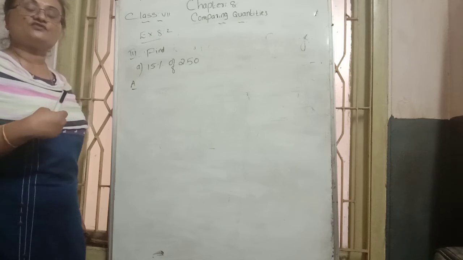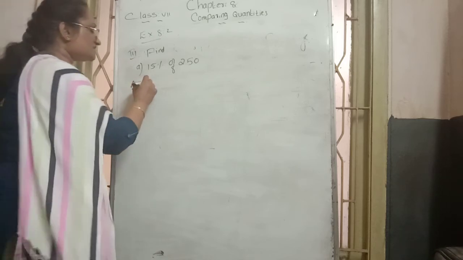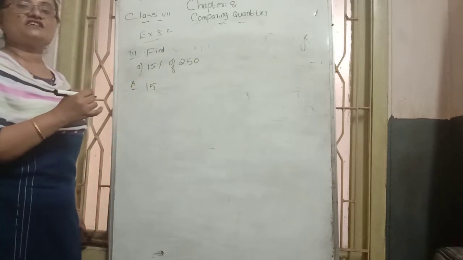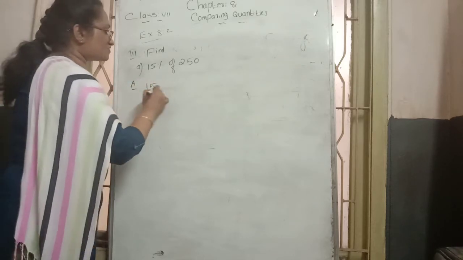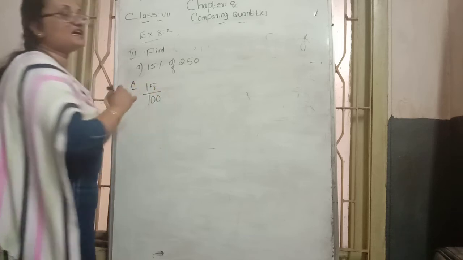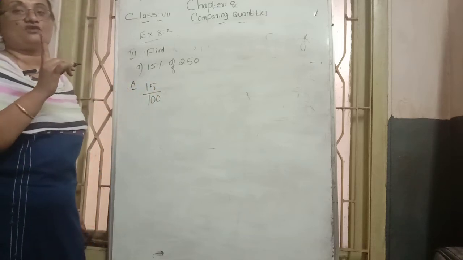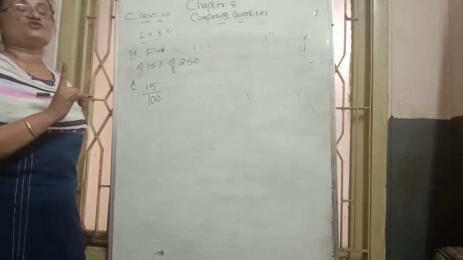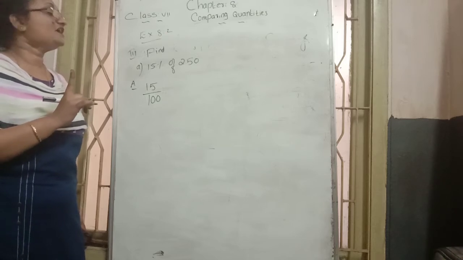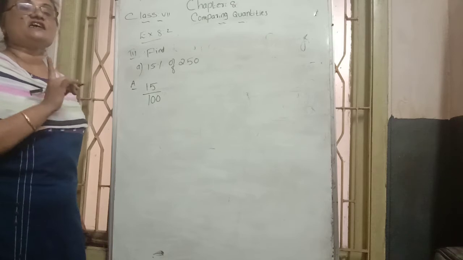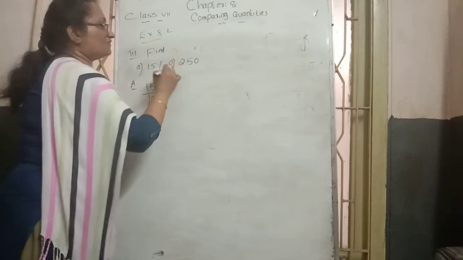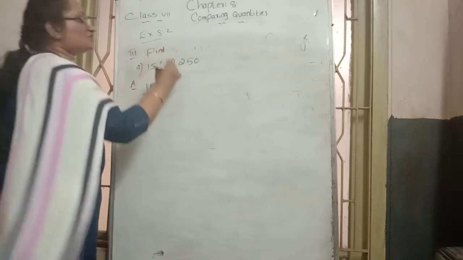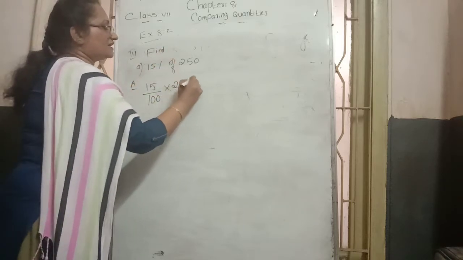How to calculate 15 percentage of 250? First we remove the percentage symbol. How to remove the percentage symbol? It represents divided by 100 always. Already I said, percentage we calculate with respect to 100. The word of represents the multiplication symbol, with the number 250.